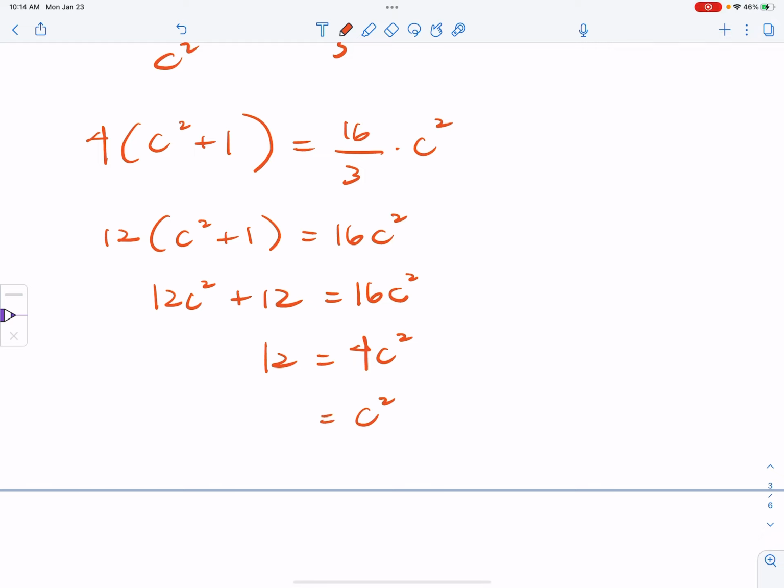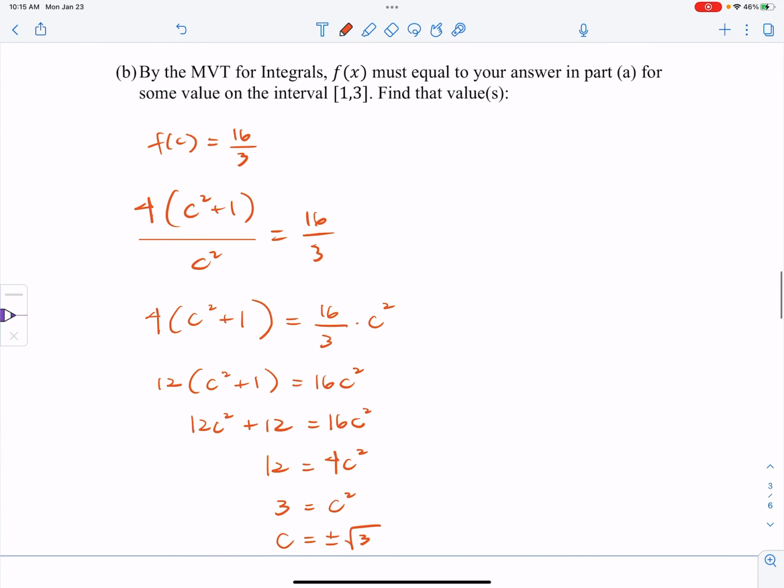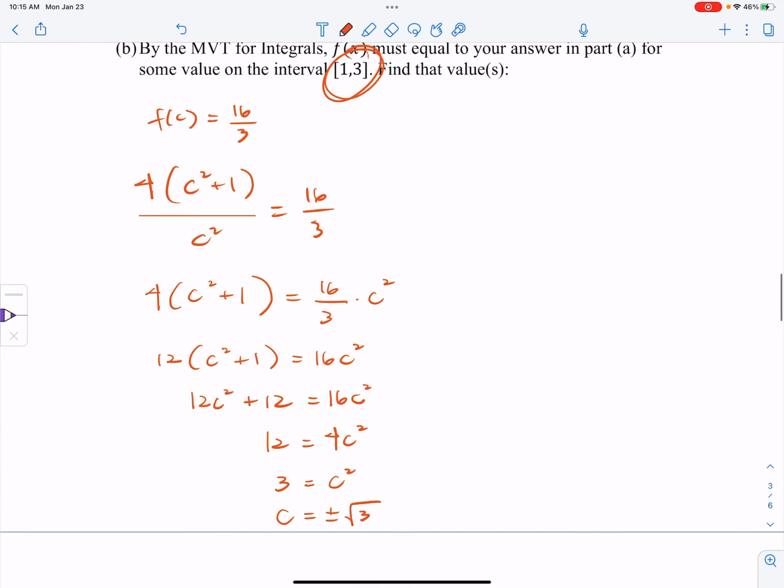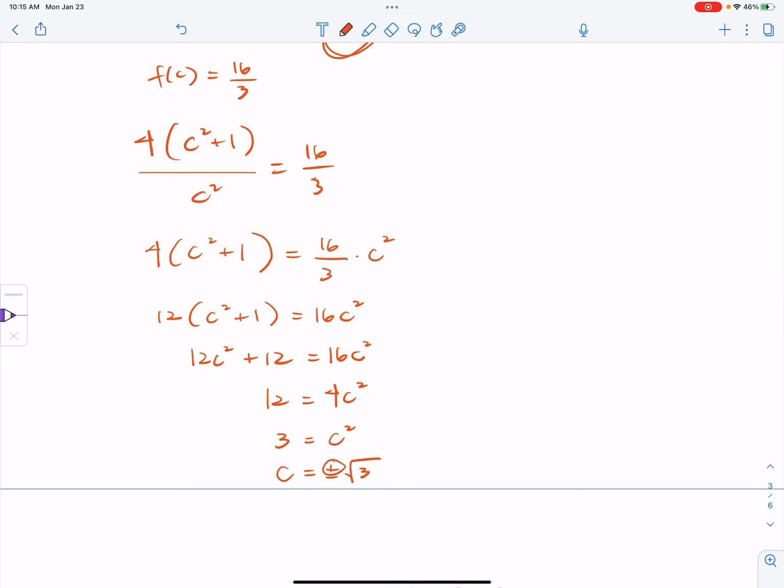We'll get c squared equals 3. So c is equal to plus or minus the square root of 3. However, we're just on the interval from 1 to 3, so c is only equal to positive root 3. That would be our only value of c.